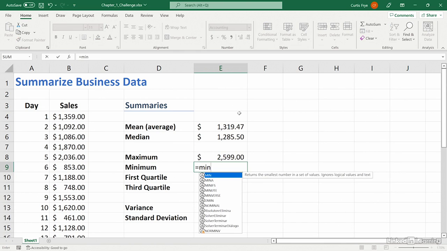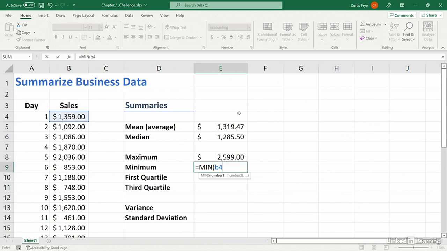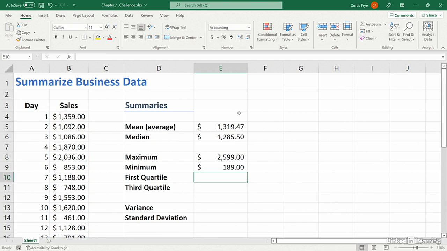So equal min, which is the minimum function, and B4 through B33, and right parentheses and enter. And the smallest was only 189. So it's possible something untoward happened that day, and it might be worth looking into in terms of why sales were that low.